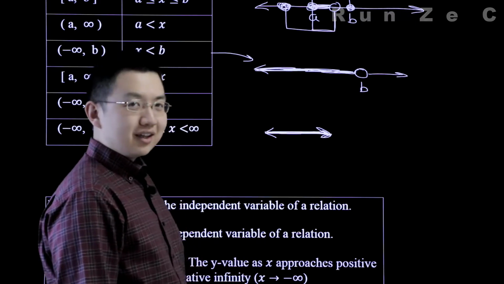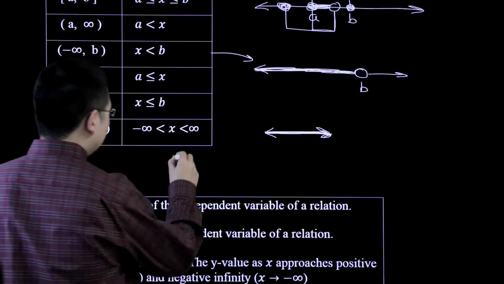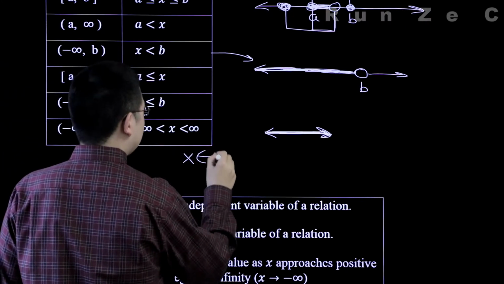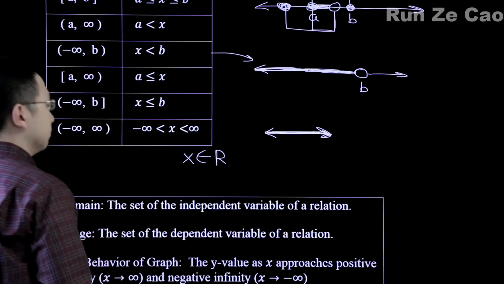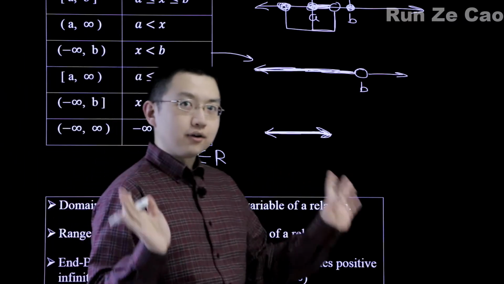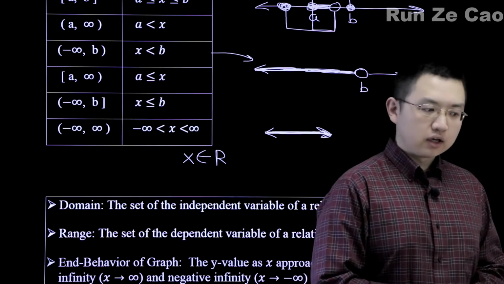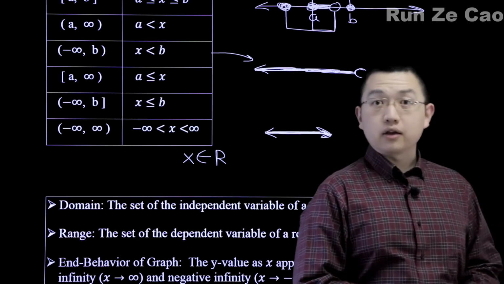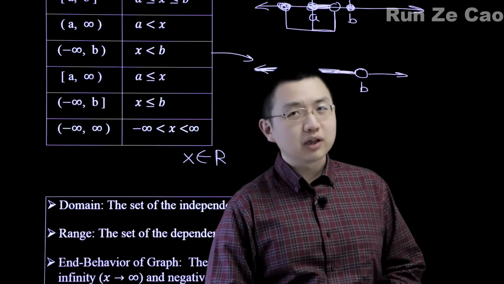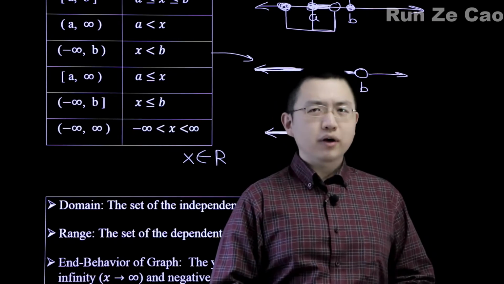Or alternatively, you can do something much simpler and just write x is an element of the real numbers. And then write nothing else. That's from negative infinity to positive infinity, not inclusive, because infinity is not a real number. It has no particular value.